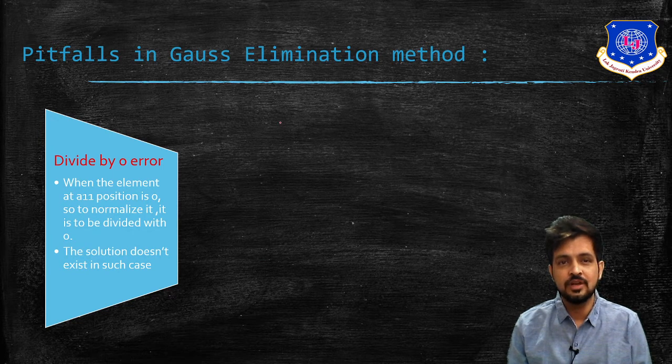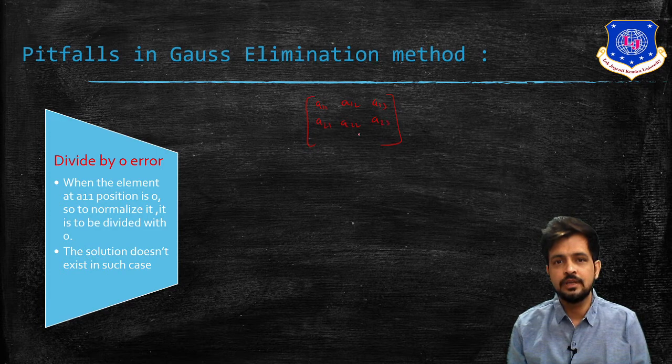Now, what is the meaning of divide by zero error? If you remember what we were doing, here A11, A12, A13, A21, A22, A23, A31, A32, A33. This is the given matrix.